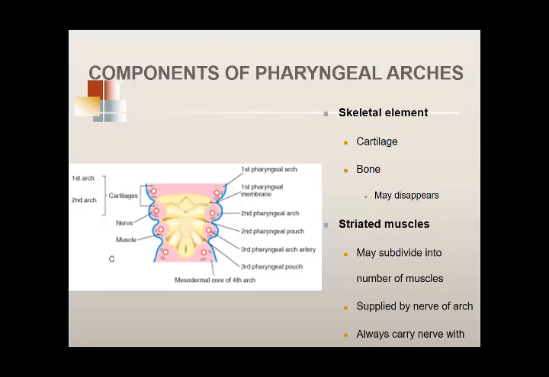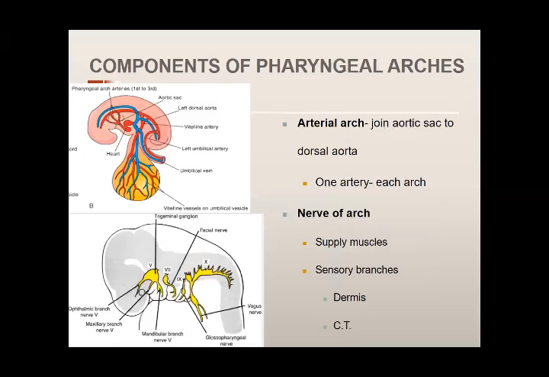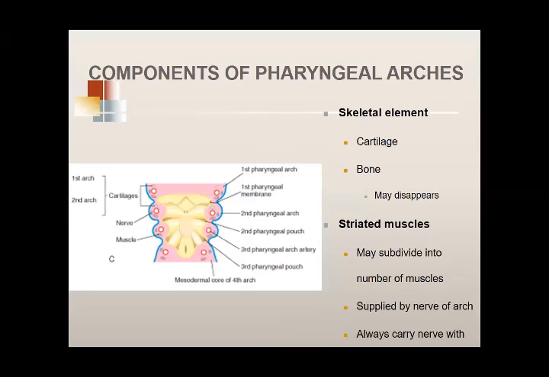But whatever the case may be, it is always supplied by the nerve of the arch, because every arch has its own nerve, which is a cranial nerve. Every arch has its own blood vessel. This is the blood vessel, artery of the arch. This is the nerve of the arch. This is a skeletal component, and this is the striated muscle. Okay? So ये four structures हैं.